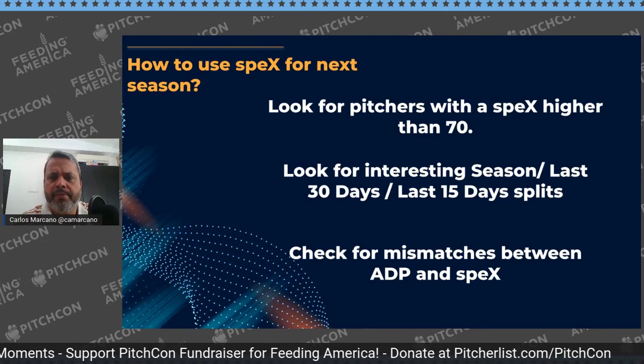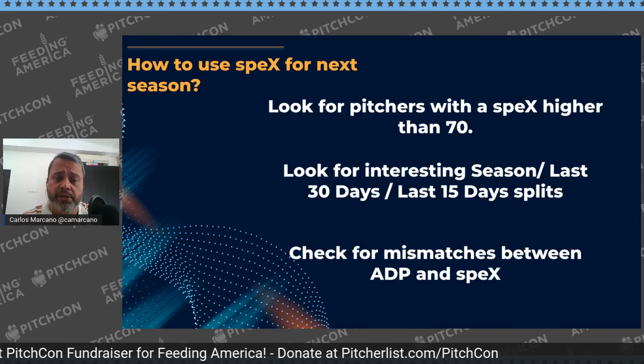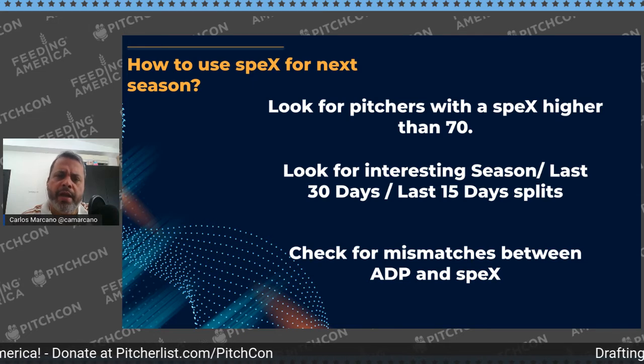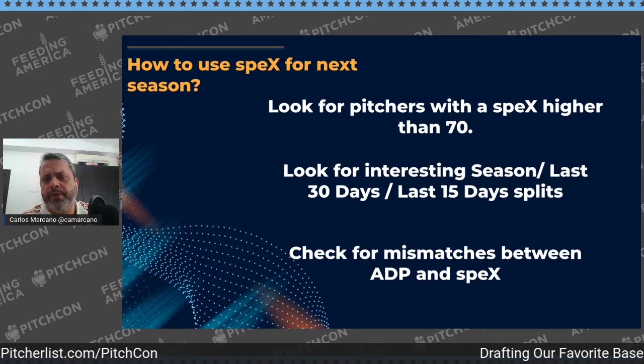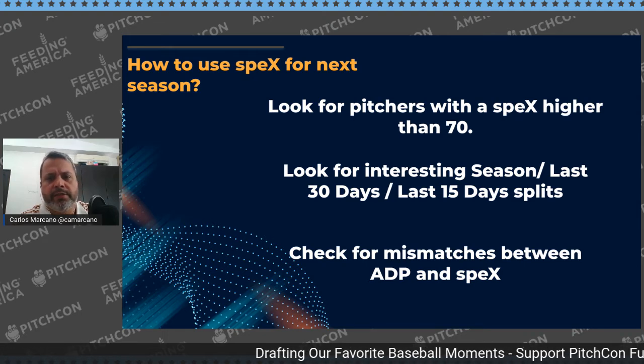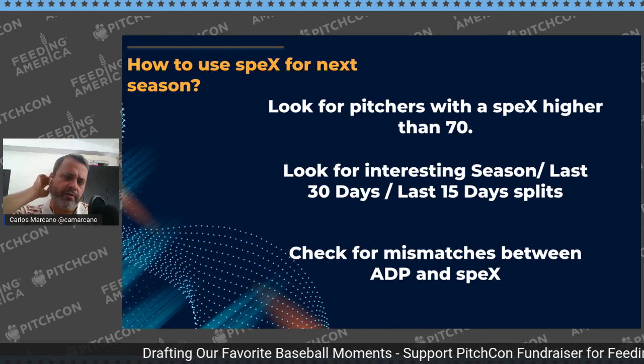That's something that happened with Kevin Gausman in 2020. His ADP was higher than it should have been, and SpeX said he was going into the SP1 tier, but he was still getting drafted in later rounds.